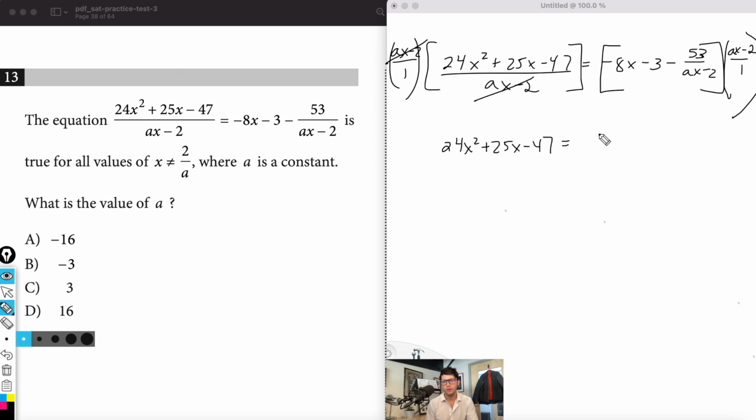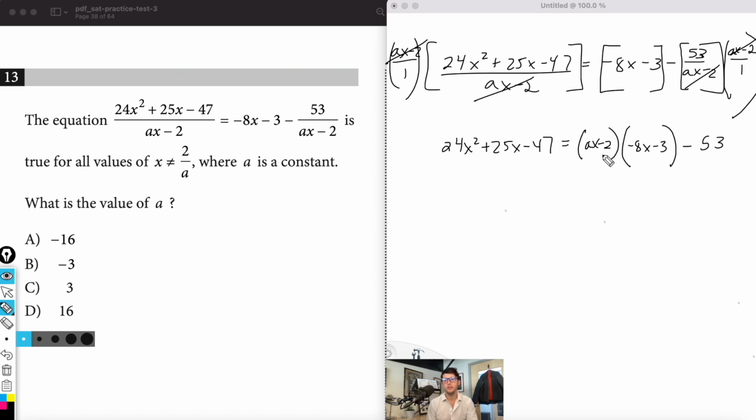And I'm going to distribute this stuff. You can always put brackets around it and leave that minus sign out there. That's cool. I'm going to say ax minus 2 is getting multiplied by negative 8x minus 3. And then it's multiplied by this term, which cancels here and here. So we just get our minus 53. So I hope that makes sense. That's integral for this next step.